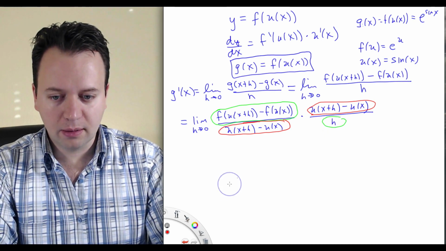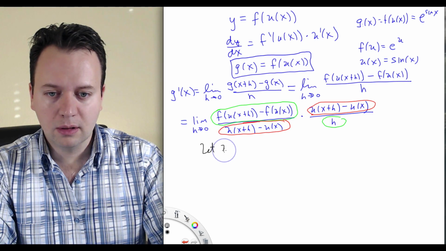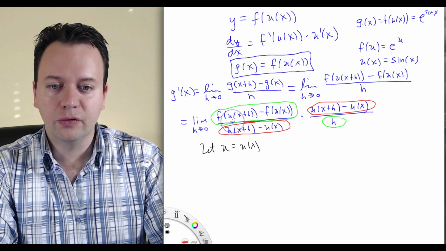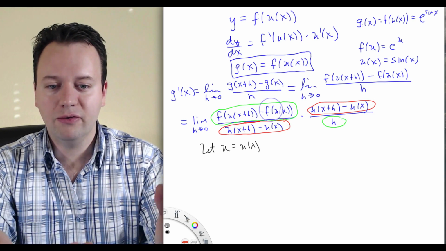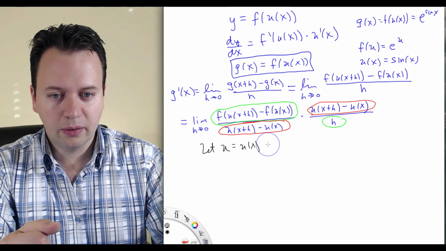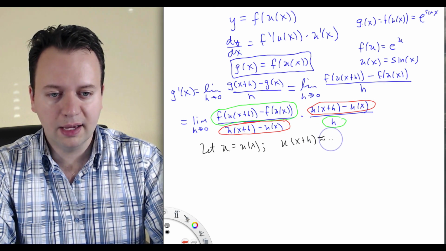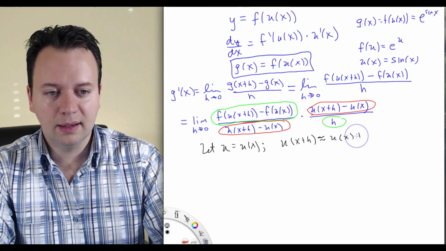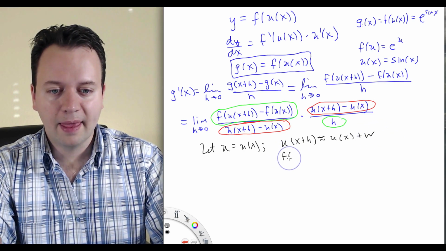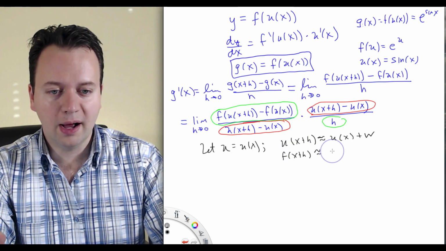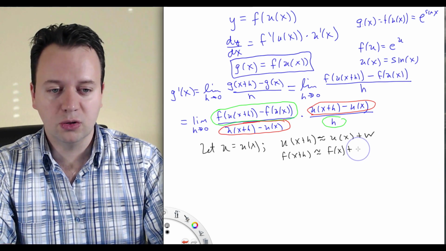Now to get into a little bit more detail, we'll let u equal u of x. On the left, we'll suppress the x and just let u be u of x. Now, we'll need to make another assumption that u of x plus h is approximately u of x plus some extra factor, so plus w. That's just like f of x plus h is approximately f of x plus some change in y.